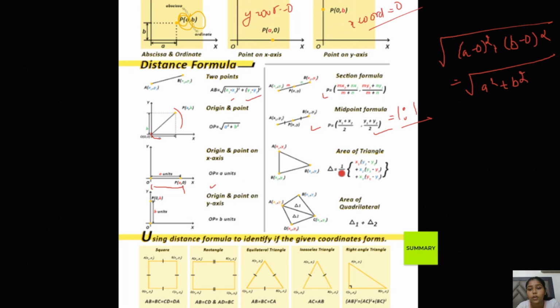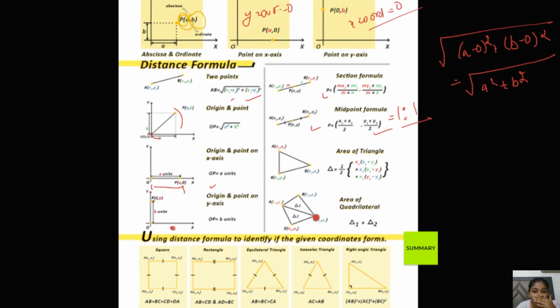For the area of a triangle, the formula is half of [x1(y2 minus y3) plus x2(y3 minus y1) plus x3(y1 minus y2)]. Now the area of a quadrilateral is basically the area of triangle 1 plus the area of triangle 2, right? For a point on the y-axis, the x-coordinate is always 0 and the y-coordinate is any distance.